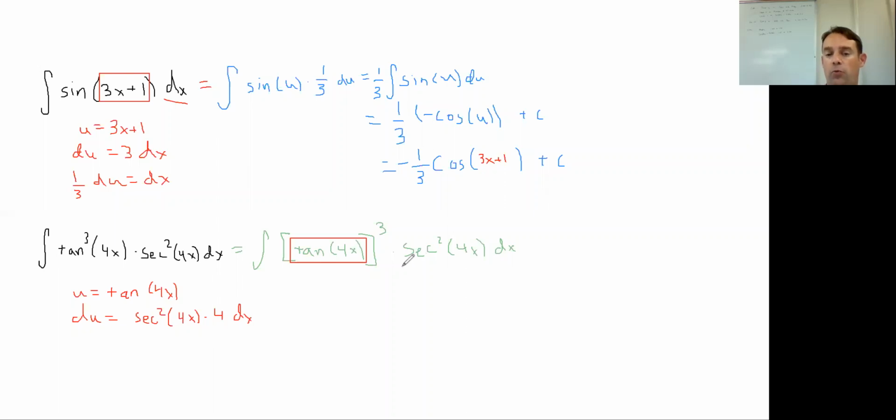And if you notice, friends, we're really close to having that right there. We got to take that 4 and move it to the other side. So 1/4 du equals secant squared 4x dx.